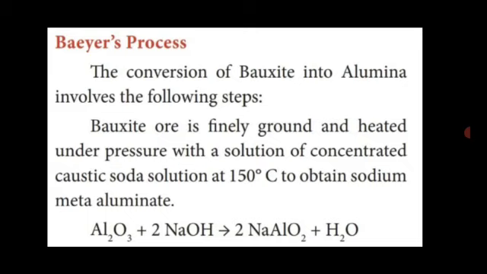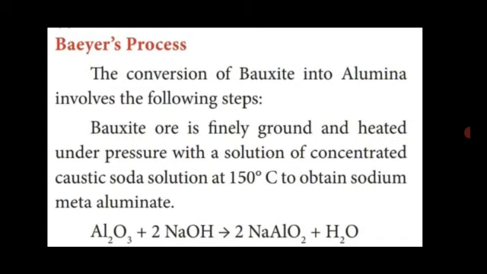NaAlO2, and some amount of water is removed. At what temperature does this process occur? 150 degrees Celsius under pressure. The bauxite reacts with caustic soda to give sodium metaaluminate.